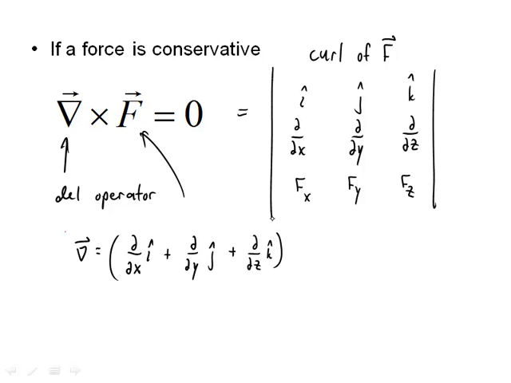And I evaluate this determinant. So we have to assume that f is going to be a vector function of x, y, and z. There is also a del operator in the polar coordinate system as well, and we'll look at that in just a minute. But if the curl of the force is equal to 0, then I have a conservative force.